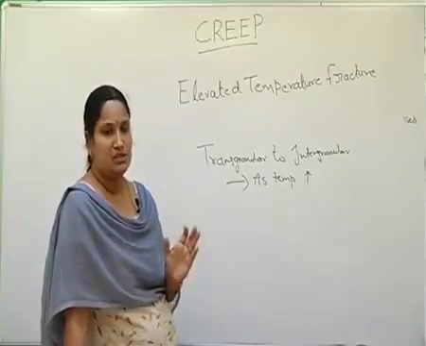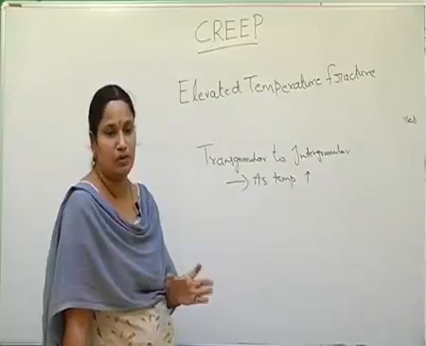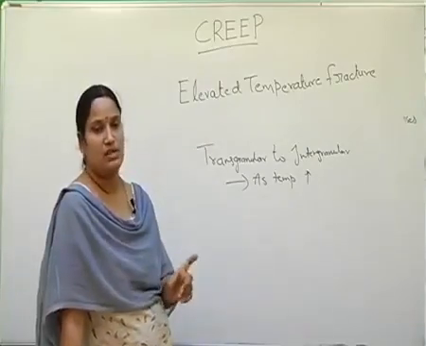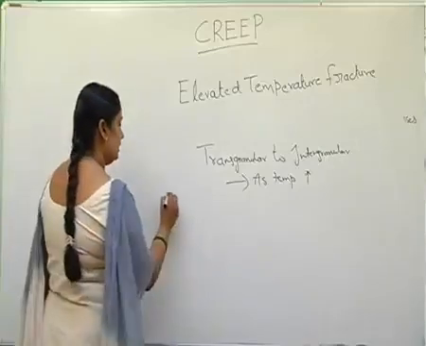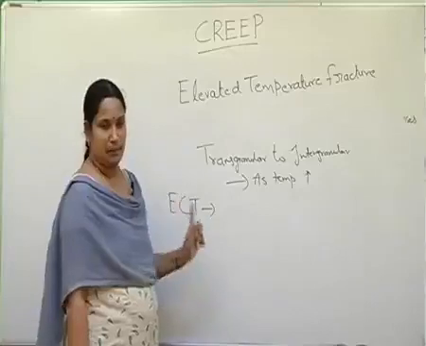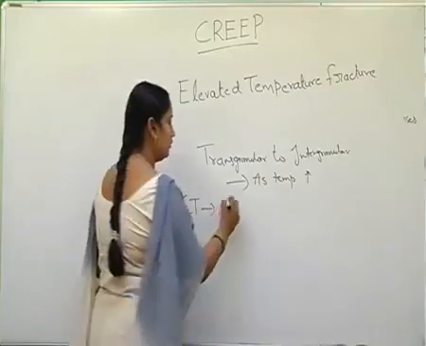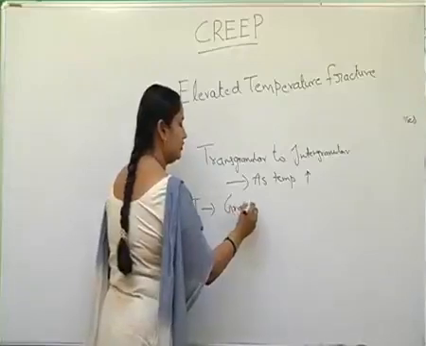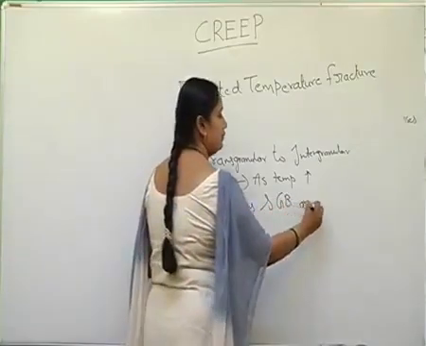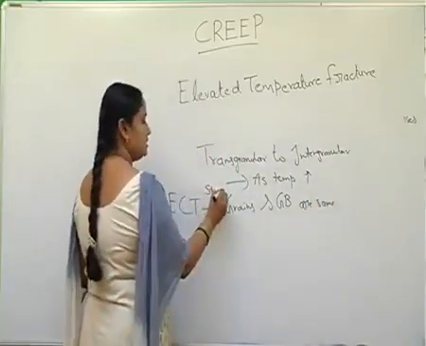And the temperature at which the strength of grain and the strength of grain boundary are equal is known as the equicohesive temperature, that is ECT. Equicohesive temperature is the temperature at which the strength of grains and grain boundaries are the same.